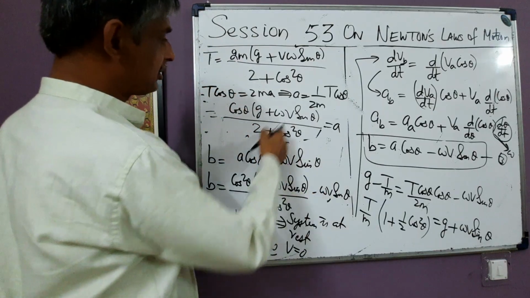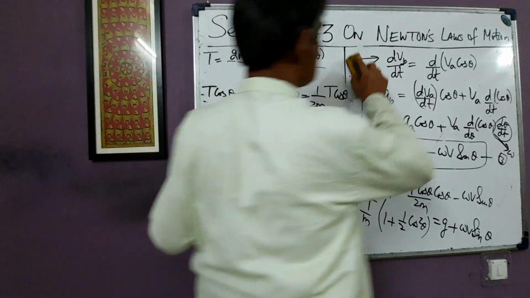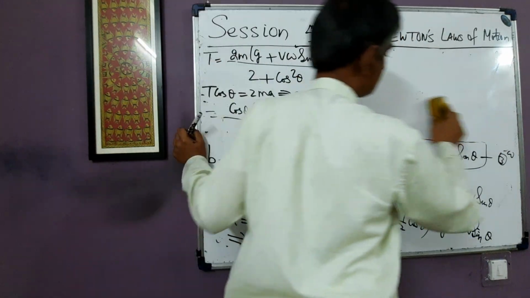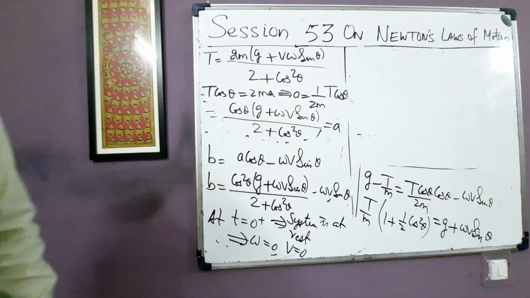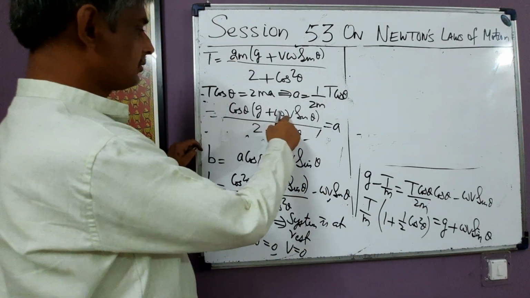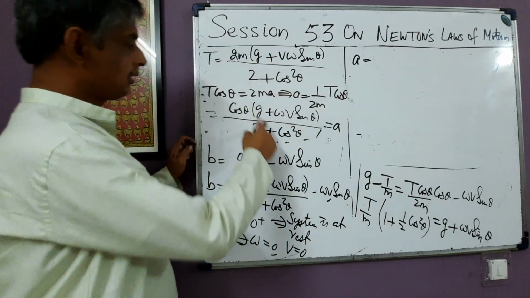So if you substitute omega and v as 0, this term goes away, this term also goes away. So in that case, A becomes what?